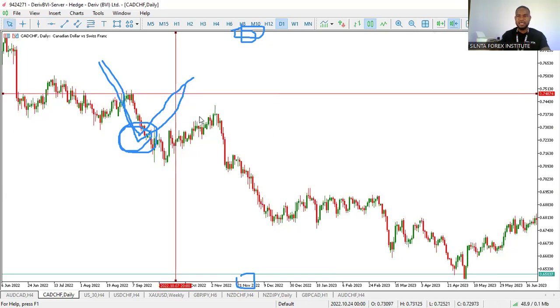If you want a trend line, it's the diagonal line. You click on it, you click from where you want to start, then you move your mouse, you drag all the way to where you want it to end. And you can also double click for it to stop moving. If you double click on it, now it's in editable mode.